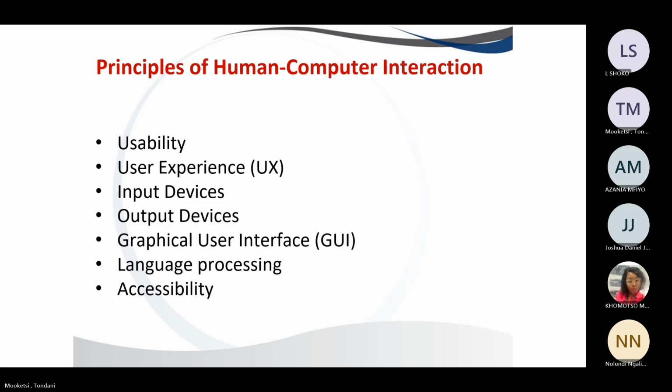So when we are designing interfaces, we need to design interfaces that are easy to understand so that when a user is selecting an option, the computer will be able to understand what it must do, especially for things like voice interfaces where the user gives instruction using voice.